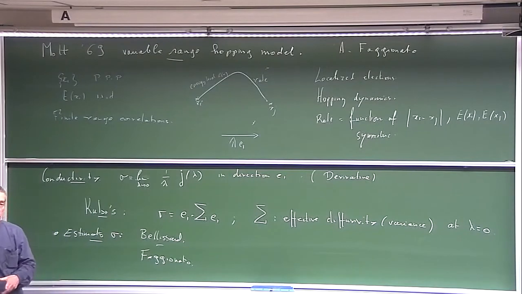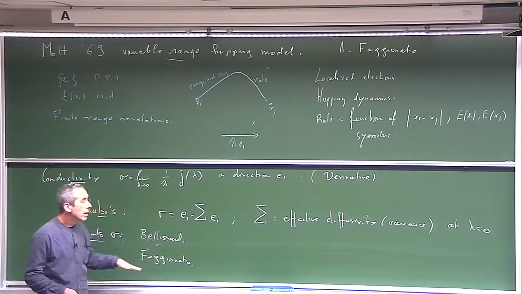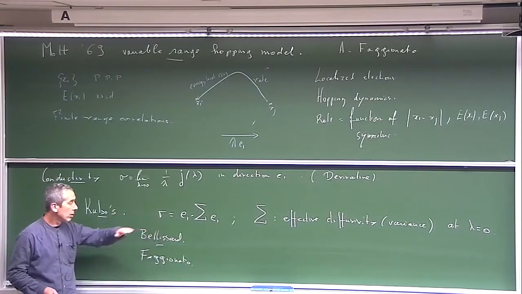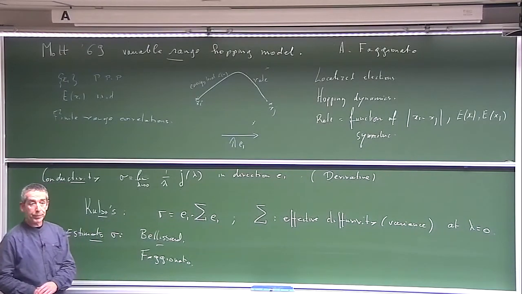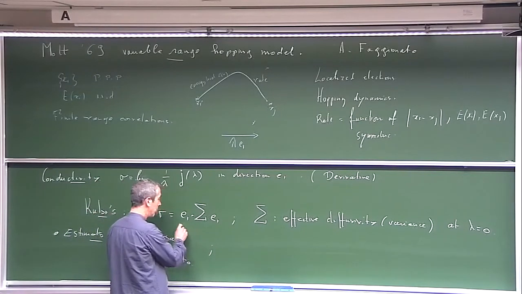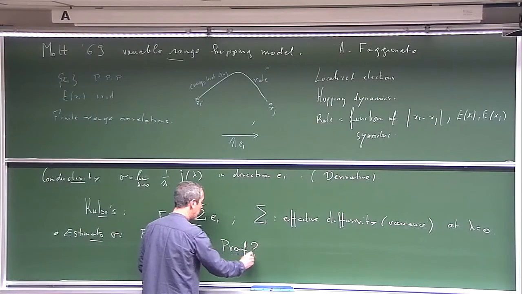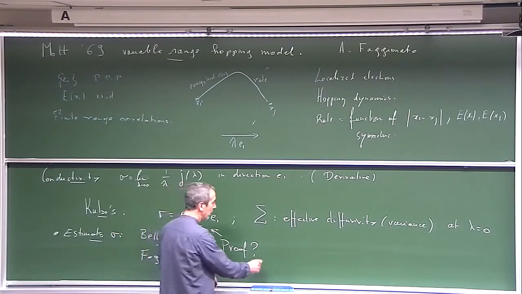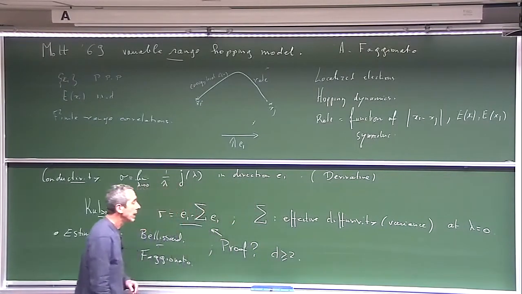So in a very recent preprint, Fagionato with Nina Gantert and Michele Salvi proved this relation in the 1D case. But it's an open question to prove that. So the proof of this relation is still missing when the dimension is larger or equal than 2, for instance 3.